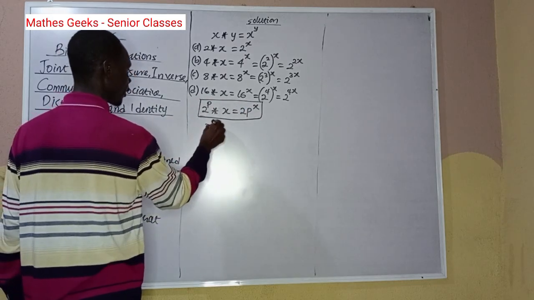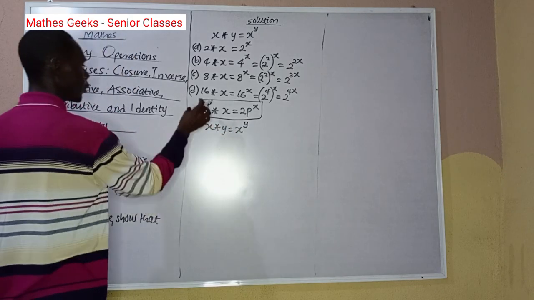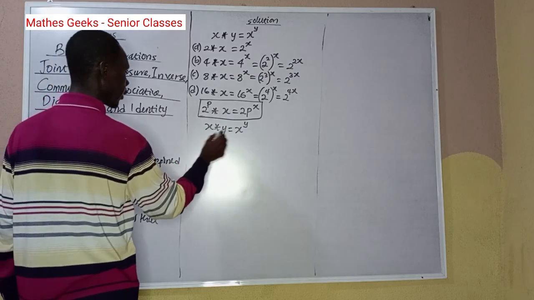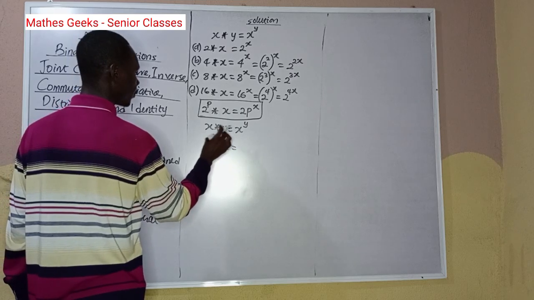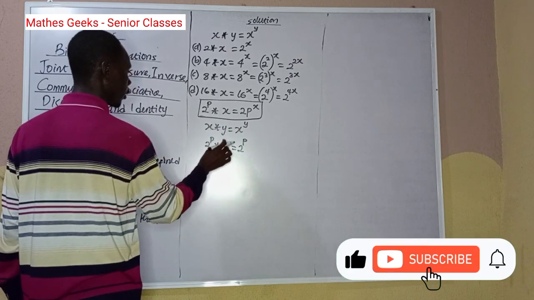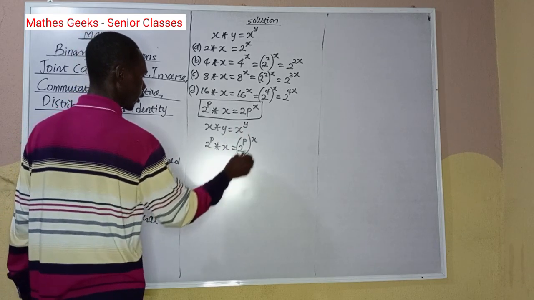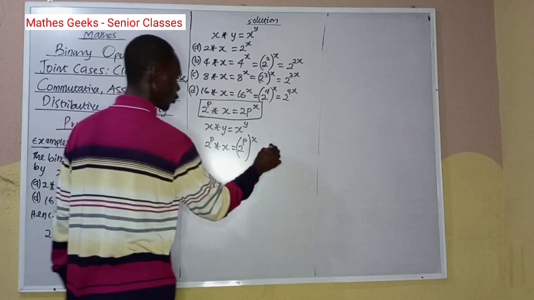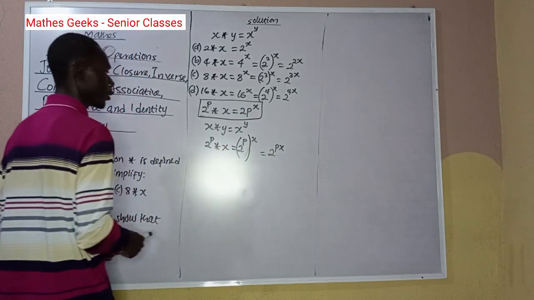So it's an operation x star y is equal to x raised to y. So here 2 raised to the power of p is x and x is y. So therefore 2 raised to the power of p operation x is equal to, where our x is 2 raised to the power of p, and then x is y, so raised to x, and this will give us 2 raised to the power of px, which is what we have here as the proof.